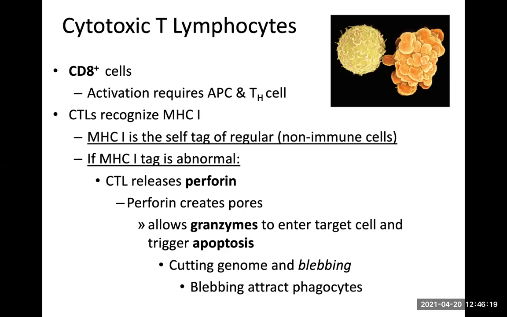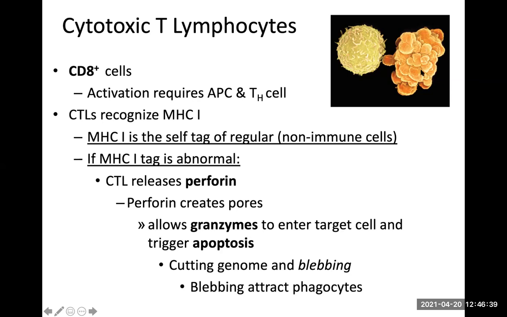So apoptosis tells the cell to cut up its genome, so it will no longer be able to divide and multiply. And while this cutting up of the genome occurs, it causes the cell to get in this very weird shape, and we call it blebbing.